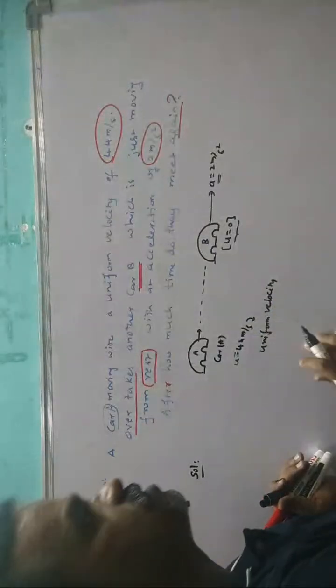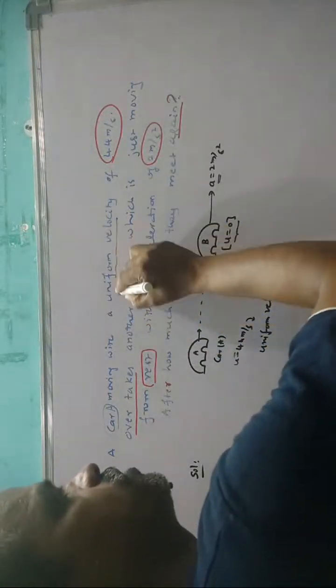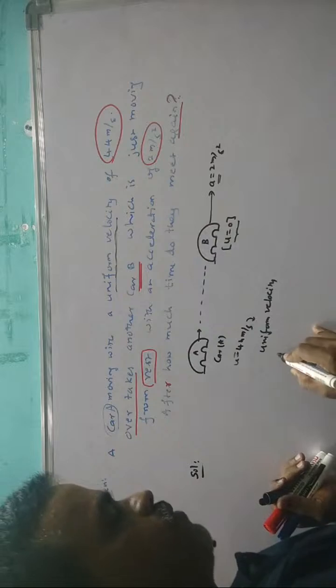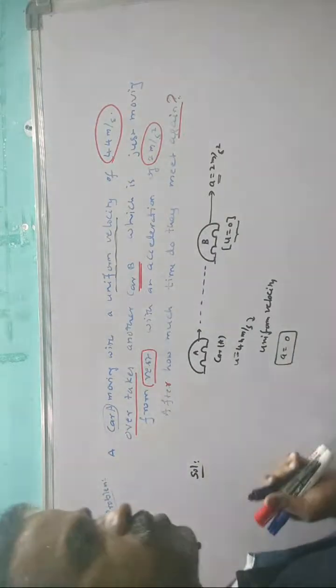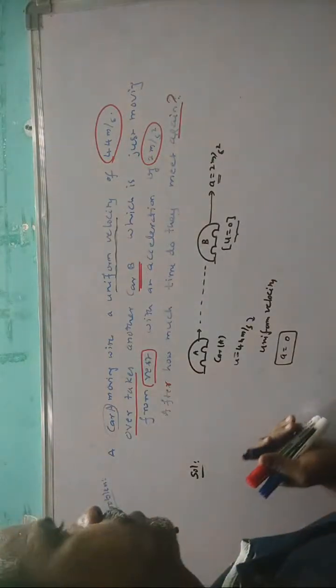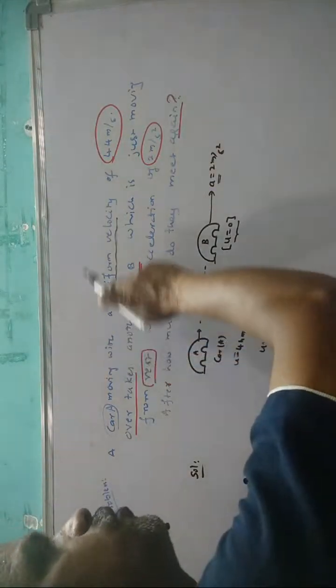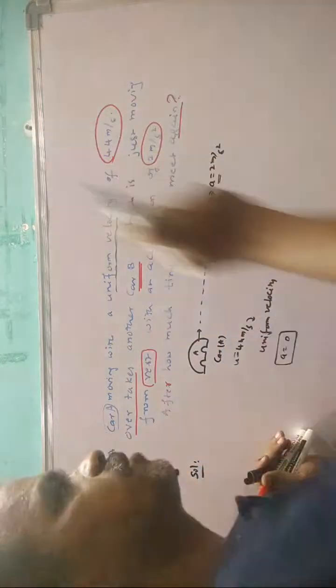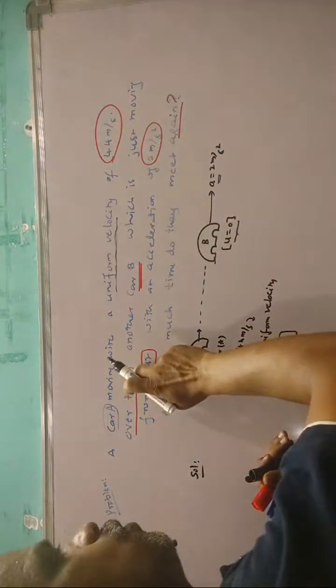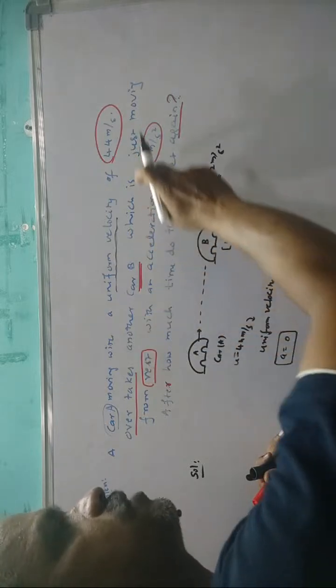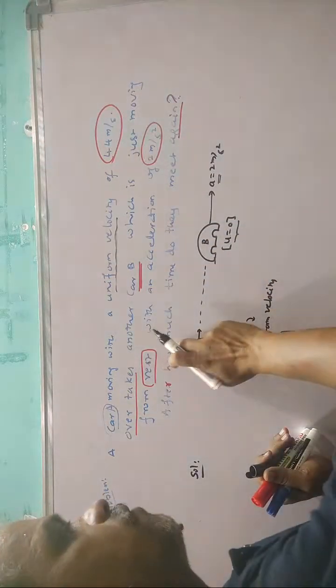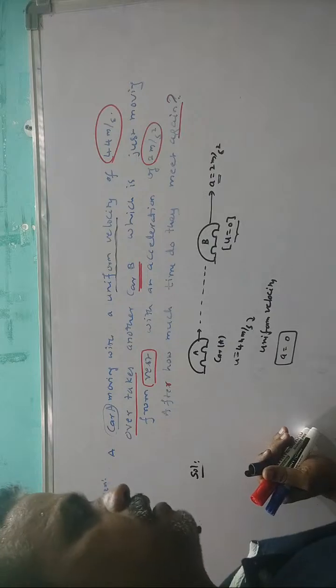Car A is moving with uniform velocity, so acceleration of the car is a equal to 0. So here the question is, a car is moving with uniform velocity 44 meter per second, overtakes another car B which is just moving from rest with an acceleration 2 meter per second square. After how much time do they meet again?